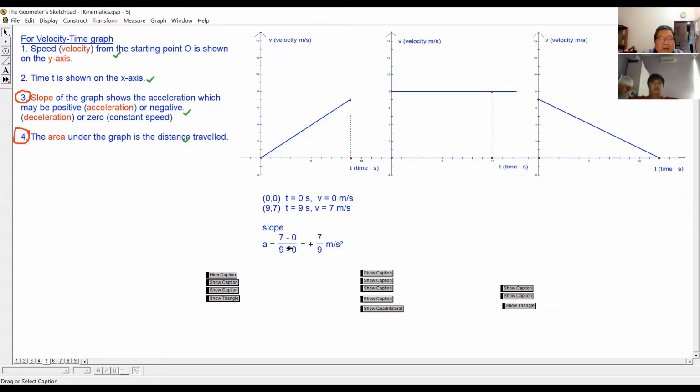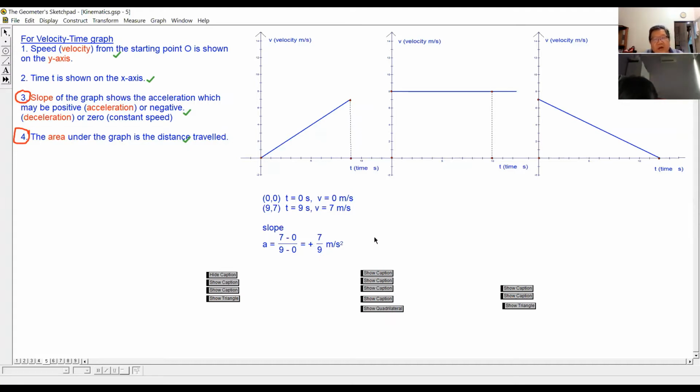I try to find the slope of this blue line using the coordinates. This point is 9, 7, and this point here is 0, 0. So I use 7 minus 0 divided by 9 minus 0 as the slope of this blue line, and the slope is positive 7 over 9.